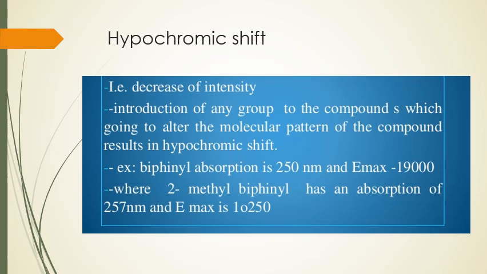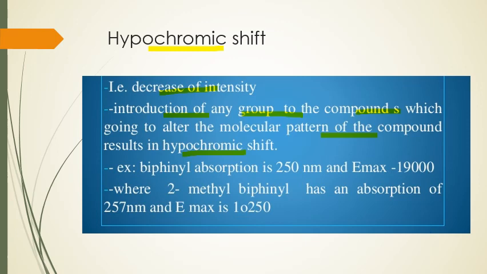Then the hypochromic shift, which is the decrease of the intensity, is due to the introduction of any group to the compound which alters the molecular pattern of the compound, resulting in the hypochromic shift.